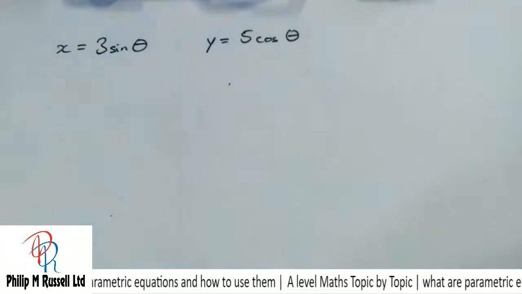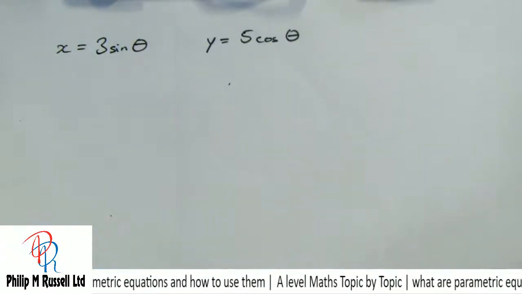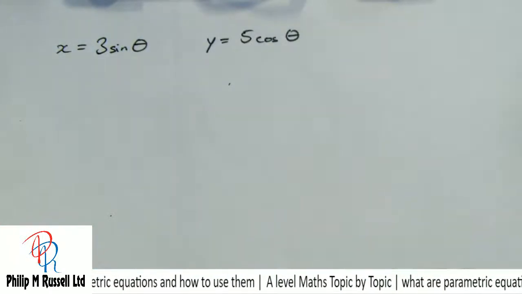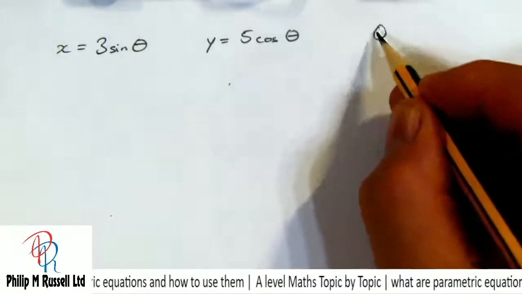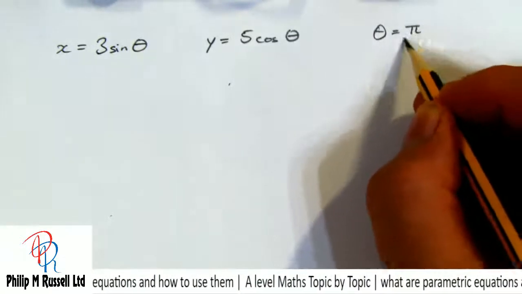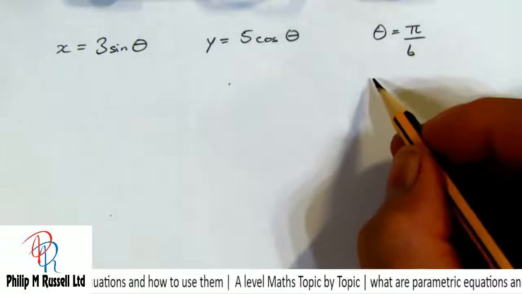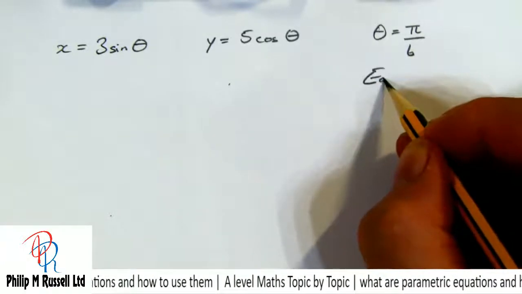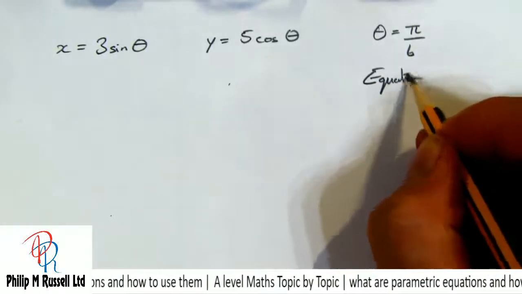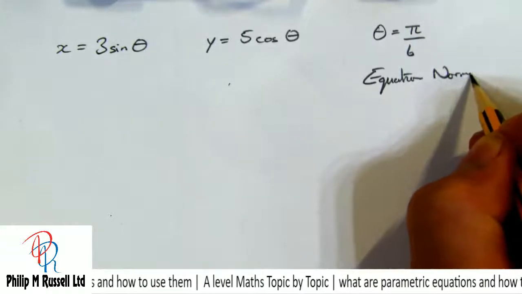And we're going to try and find the equation of the normal at the point P where theta equals pi over 6.